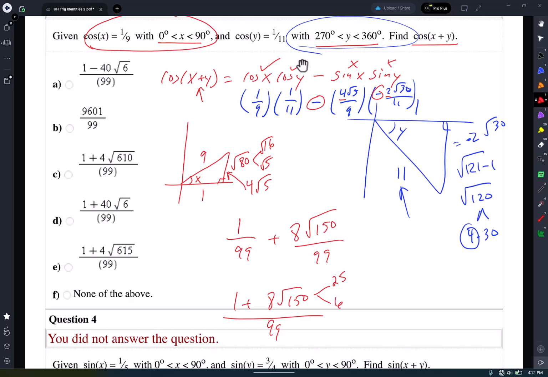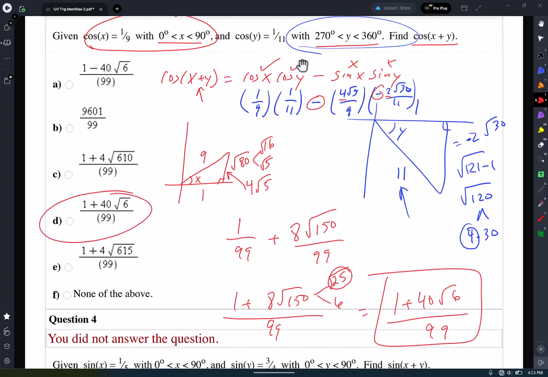Does that make sense? And 25, what's the square root of 25? 5. So here we go. 1 plus 8 times 5, I believe that's 40. 40 square root of 6 over 99. So 1 plus 40 square root of 6 over 99. Bam. Cool or not cool?